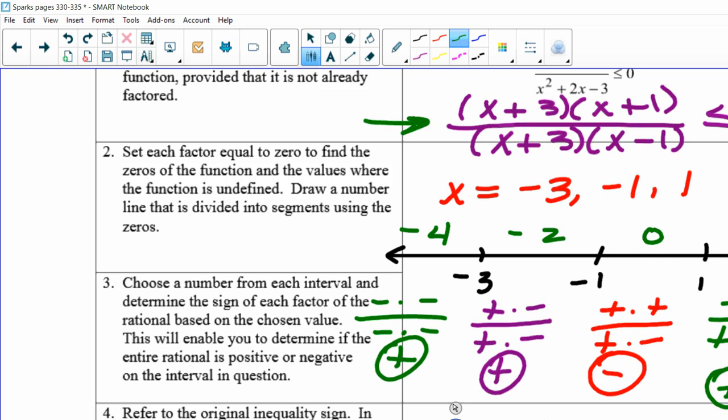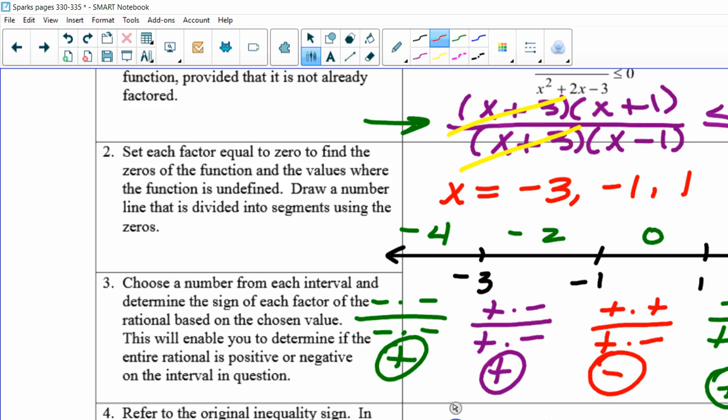So does -3 make this expression less than or equal to 0? No, because it's undefined. And undefined is not less than 0, and undefined is not equal to 0. So -3, shoo.